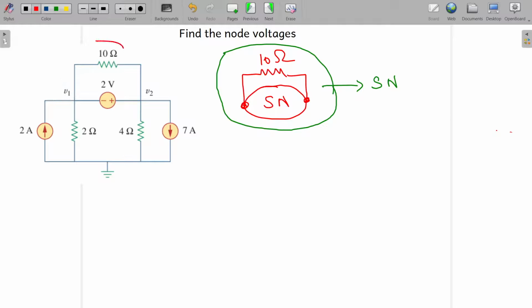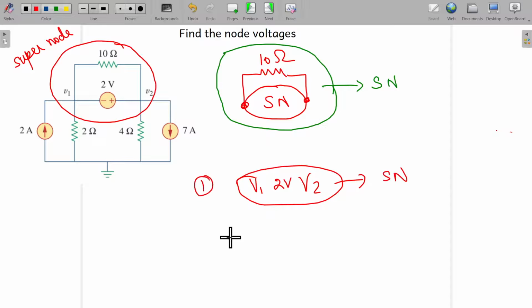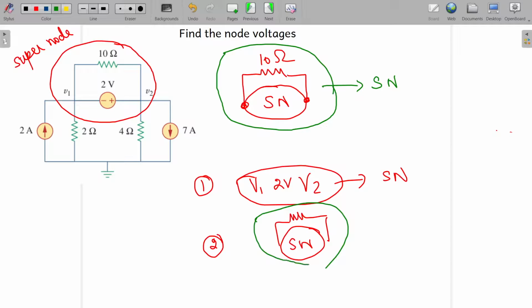First, what did we do? We combined only V1, V2 and the 2 volt voltage source together and made it a supernode. This is the first thing we did. The second thing is, the supernode along with the resistor made as a single entity, and we name this now as a supernode.